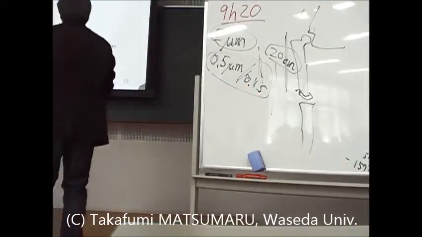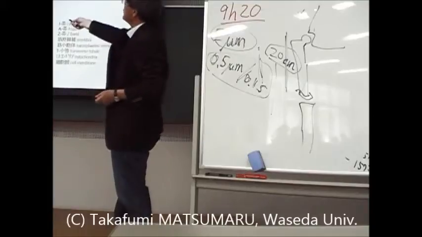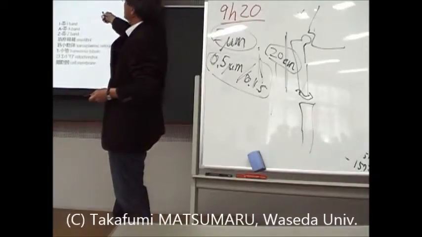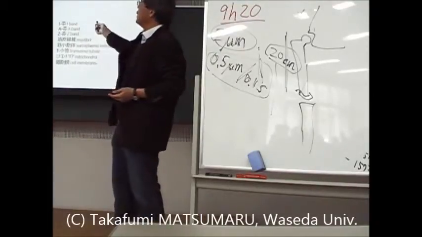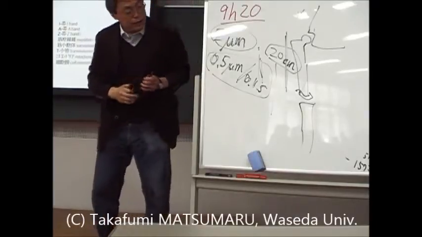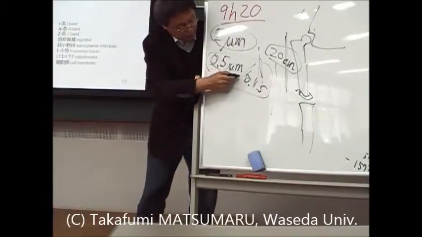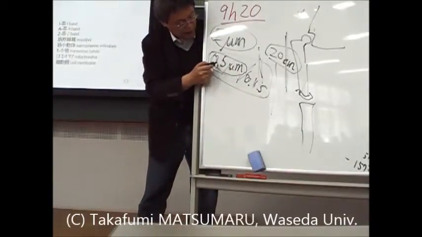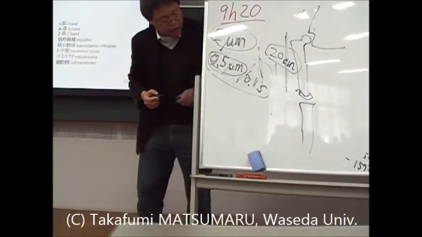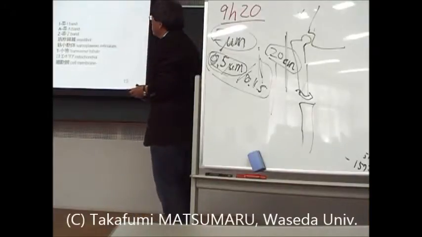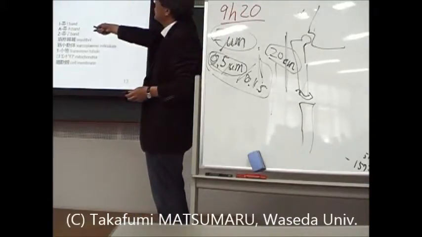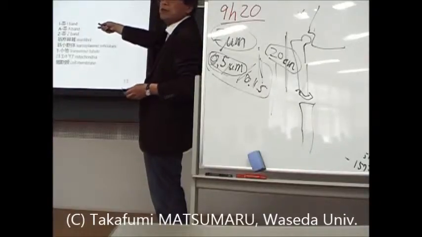Therefore, 20 centimeters means 80,000 sarcomeres here. Each sarcomere can become shorter by 0.5 micrometer in 0.1 second, so during 0.1 second the muscle can contract by 4 centimeters.